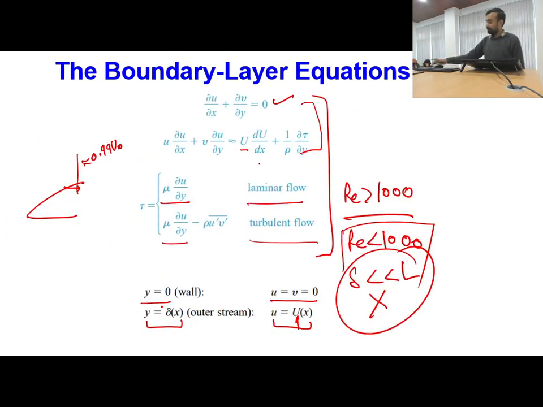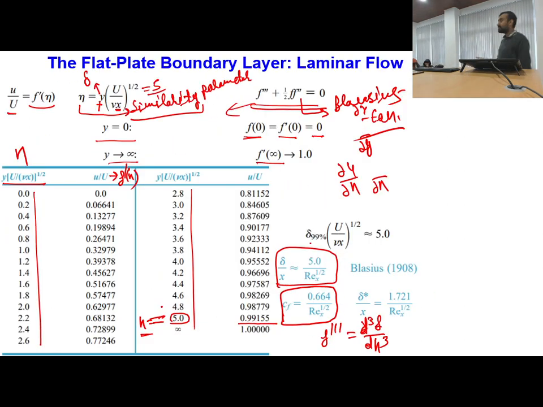So what we are doing, basically, is that whatever we derived from the momentum integral equation, the same things we are deriving from the exact solution of the boundary layer equations, the Navier-Stokes equations.